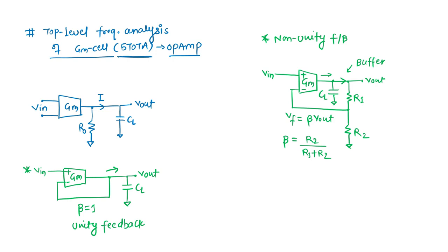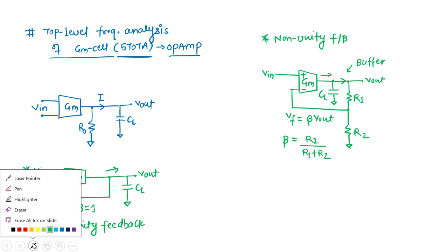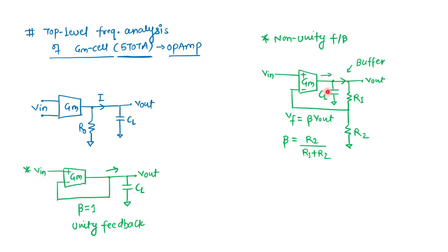So there is a division of current. Whatever amount of current is generated here should go ideally to this CL, but some amount of the current is going through this resistor network.